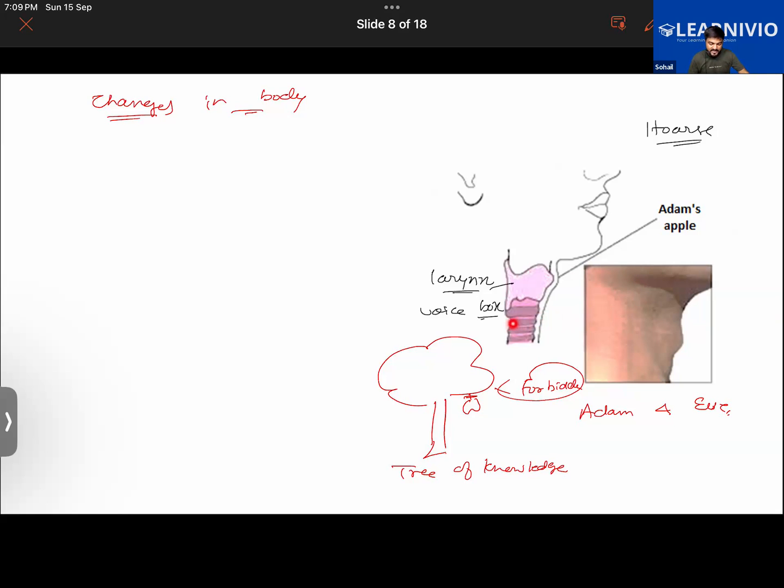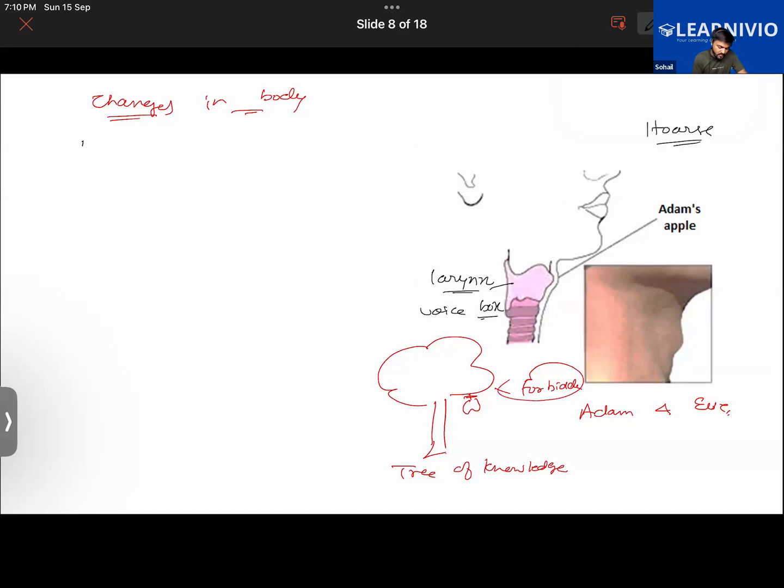Because of this, it is called Adam's apple. Getting it, everyone? That is how this term came. So this is one of the changes that will occur in the case of boys.